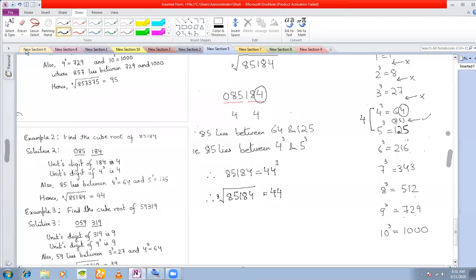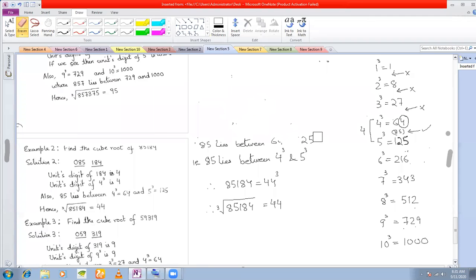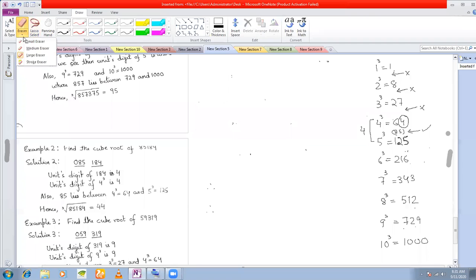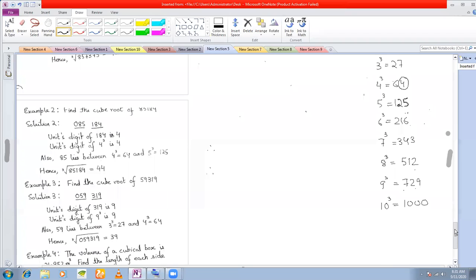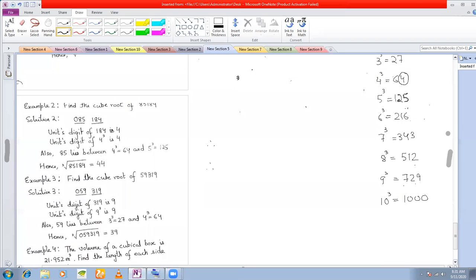Let us take one more example. Let us take the next example that is there: cube root of 59319.